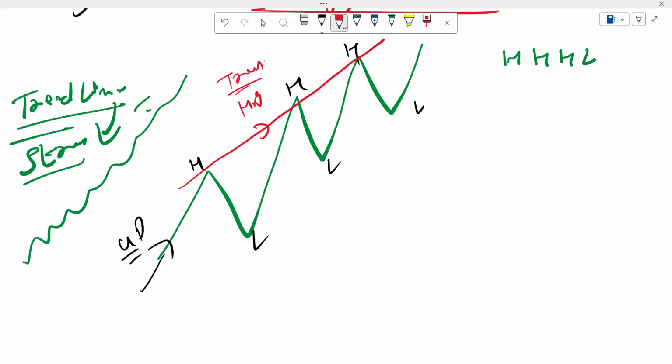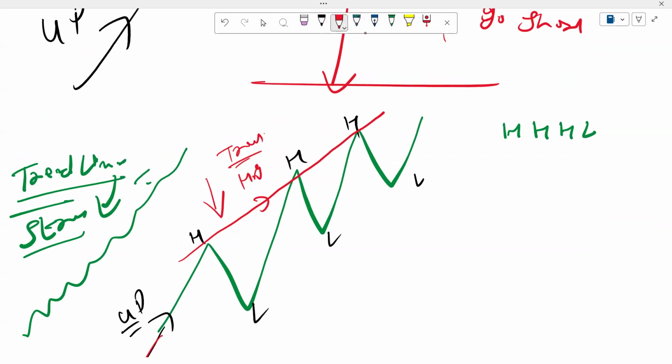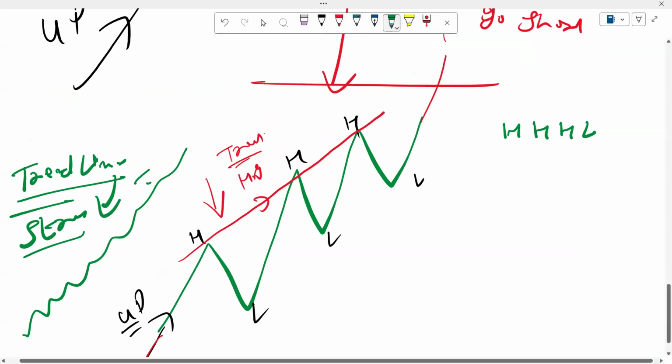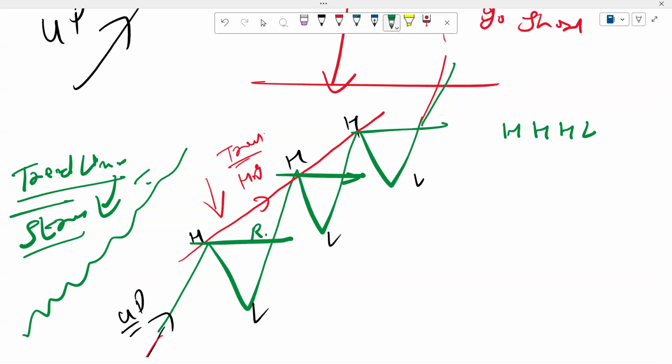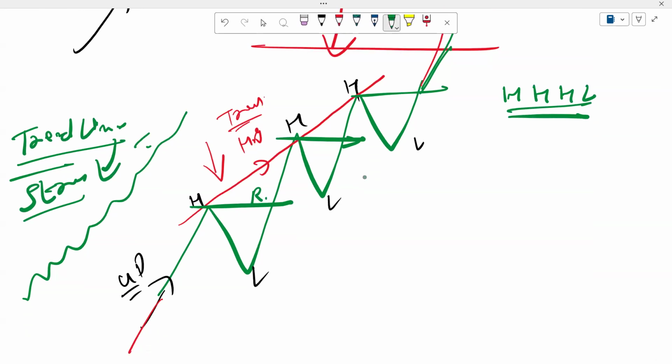Can you tell me, those who said highs, what will you get from this trend line? Resistance. But the market is already breaking the previous resistance, na? This resistance is already breaking. That's why it is making higher highs and higher lows. So it is not a surprising element that it is breaking the previous resistance.